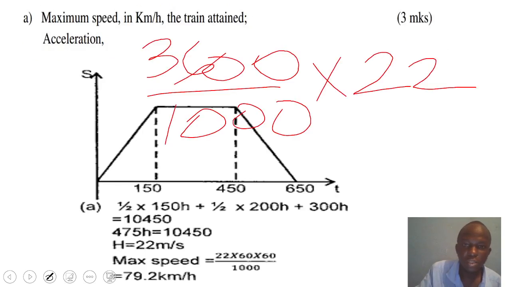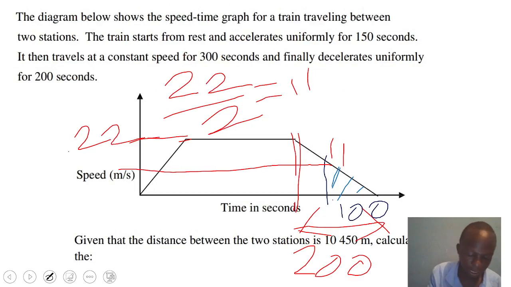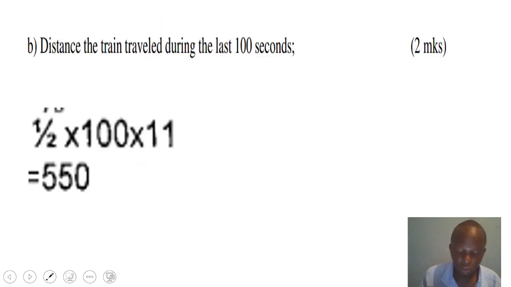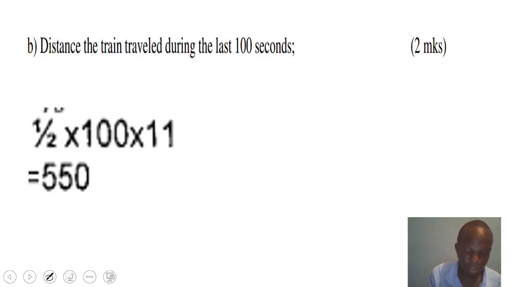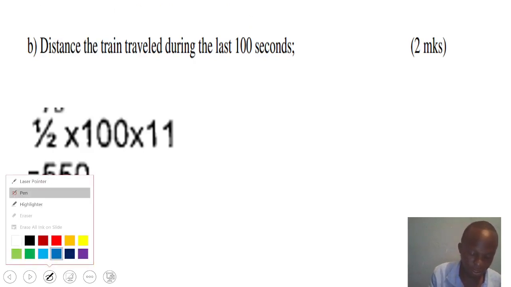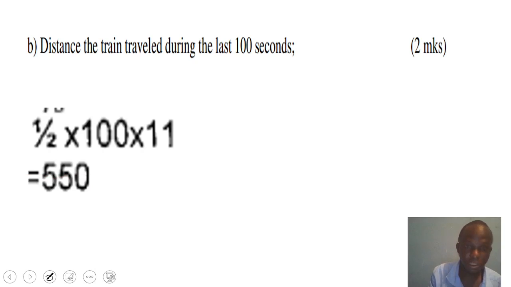So you can see we have this particular triangle here. We can consider the base as 100 seconds and the height as 11. Using that particular analogy, we can say the area is equal to a half times 100.